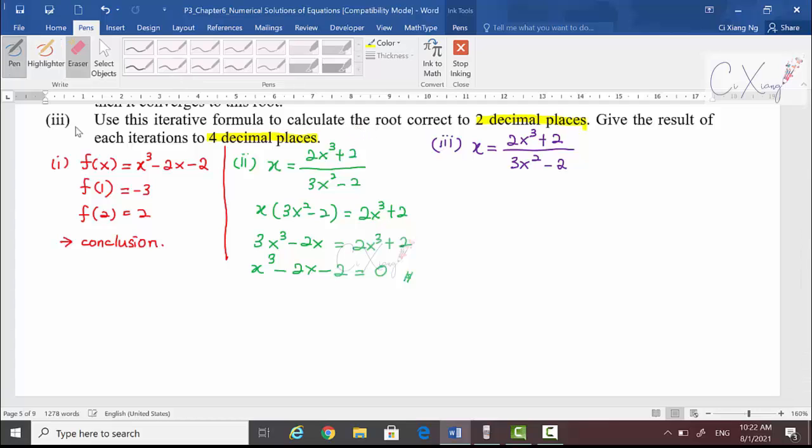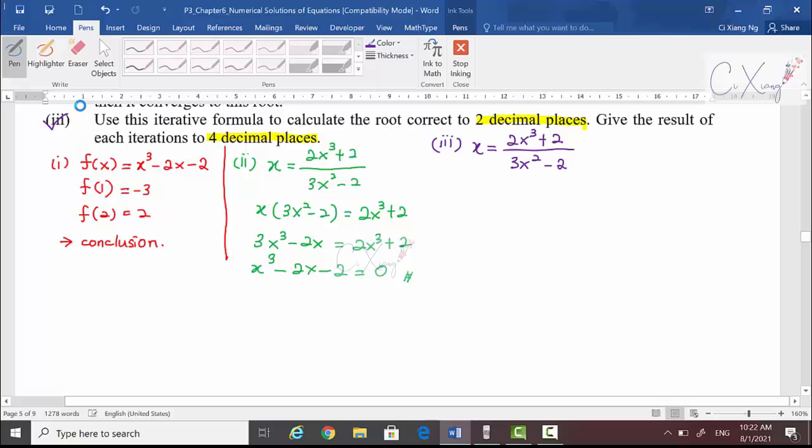For part number 3, if you read through it, they actually didn't give you any initial value. All right, so if we want, we can assign one value myself. I write as x1, you want to write as x0 also can.